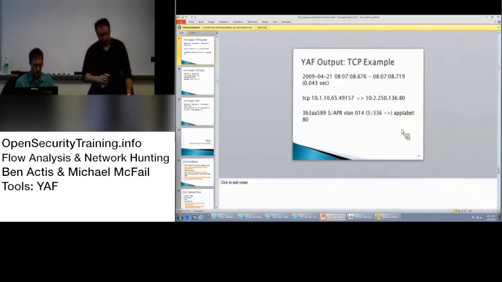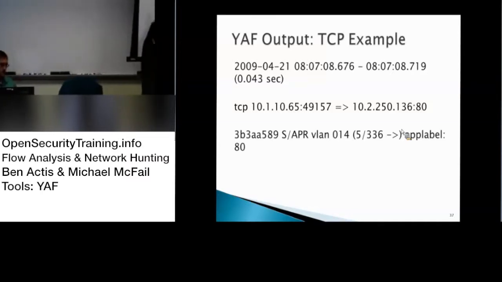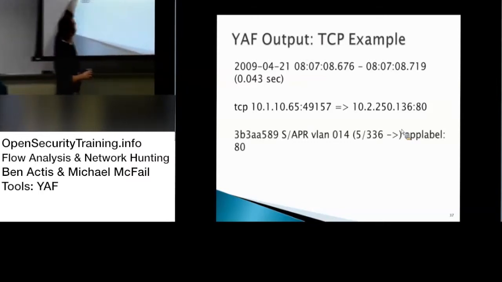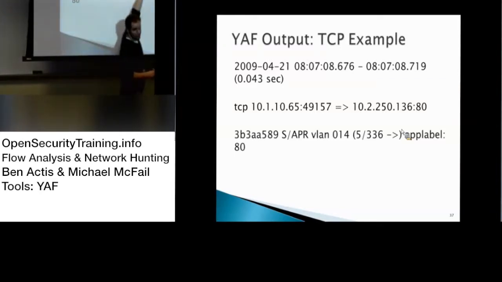So YAF looks like this. You have your timestamp information, your duration. If it's TCP, this is protocol specific here. It's going to say what protocol it is, your source IP, the direction, remember earlier? Where it's going, and destination port. So this one was 10.65 on whatever starting port to port 80, so probably web.